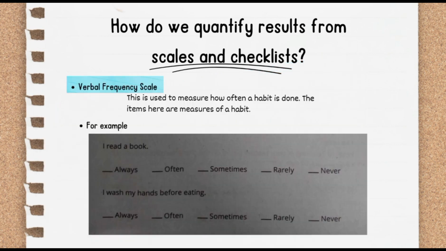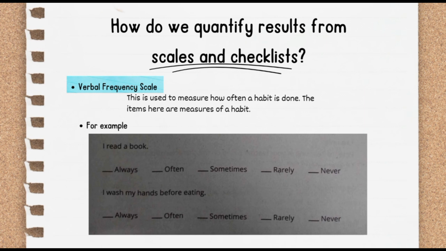So now let us proceed to the verbal frequency scale. When you say verbal frequency scale, this is used to measure how often a habit is done. The items here are measures of a habit. When we say habit, it is somewhat like a routine that a person does. And when we say frequency, it is like how often or how consistent a person does a routine, like reading a book.